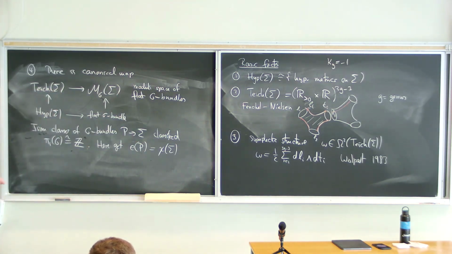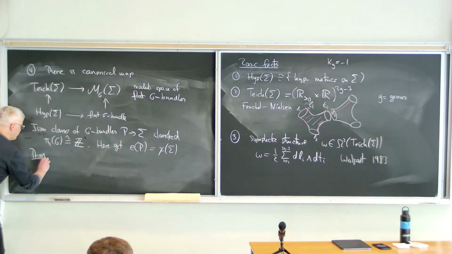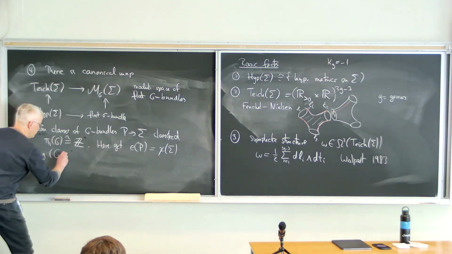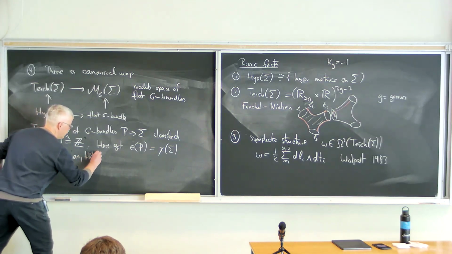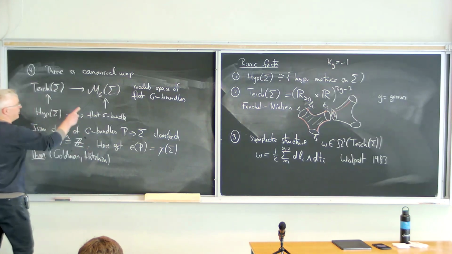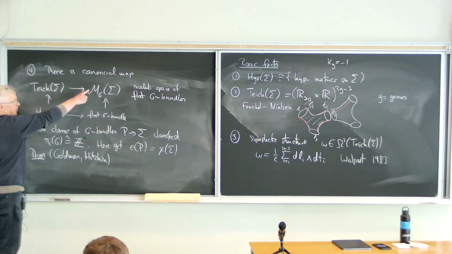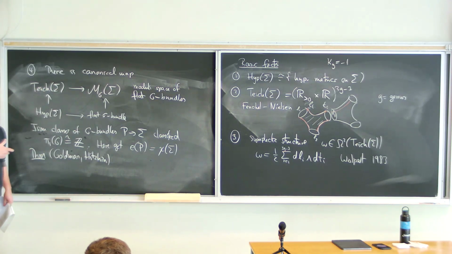Okay, I'm saying all this because there's a theorem due to Goldman and Hitchin, which says that this map is actually an embedding, and the image is simply a connected component.